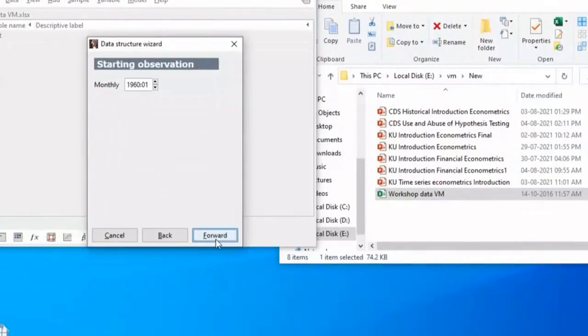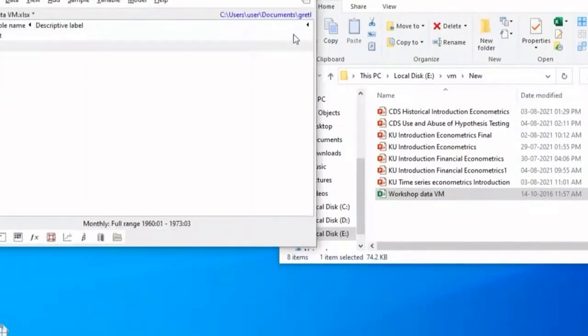A small request: if you can increase this window size, it will be helpful. Otherwise it will be strange. If we click here to maximize, the font size is still the same. I don't know how we will change the font size in Gretl.